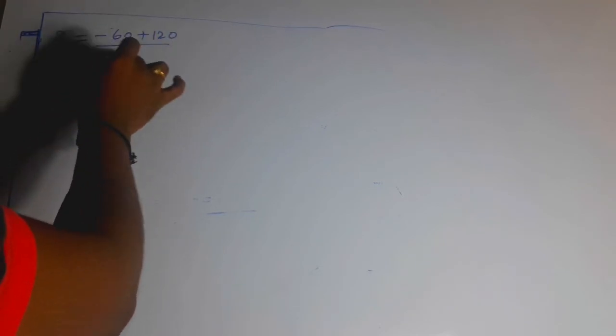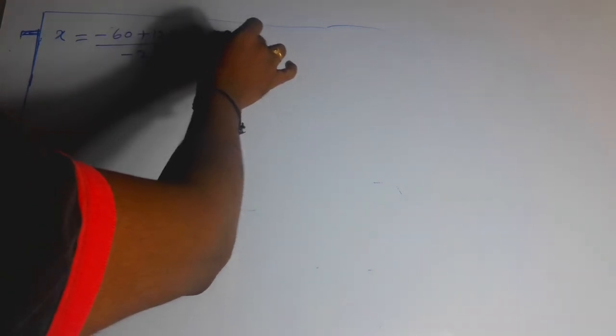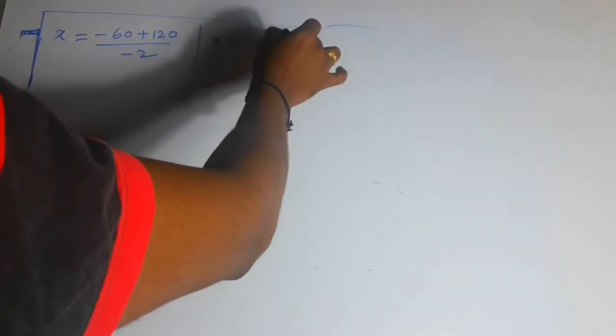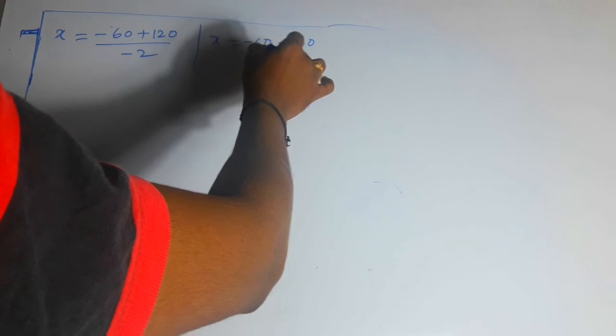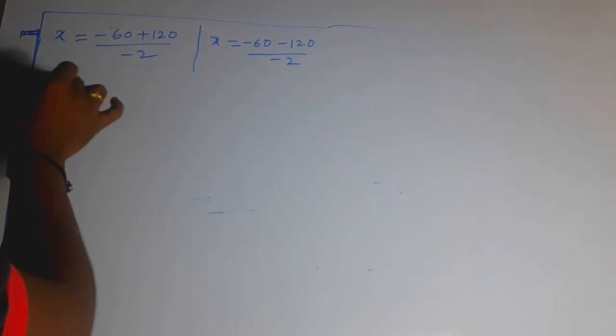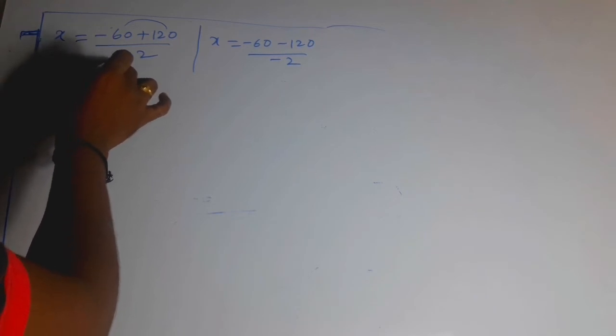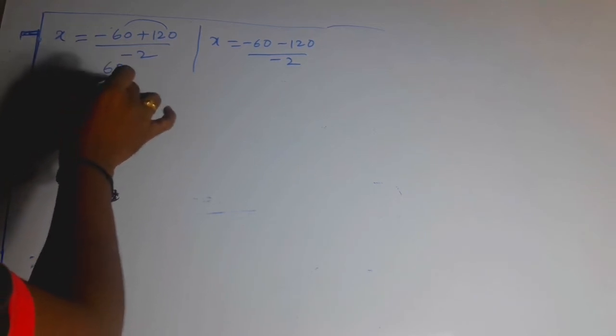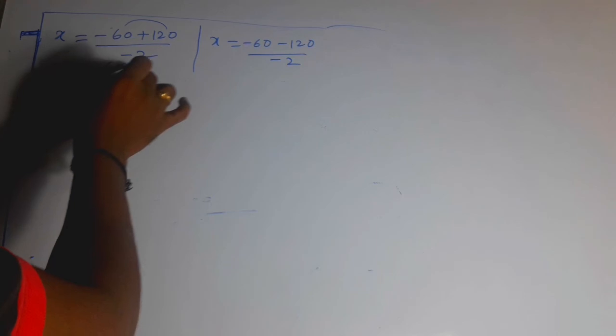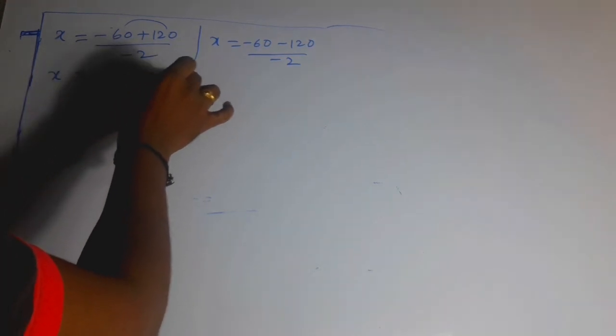x equals minus 60 plus 120 by minus 2, and x equals minus 60 minus 120 by minus 2. Here 120 minus 60 is 60, divided by minus 2 gives negative 30.